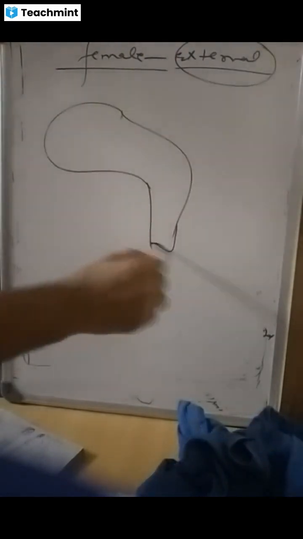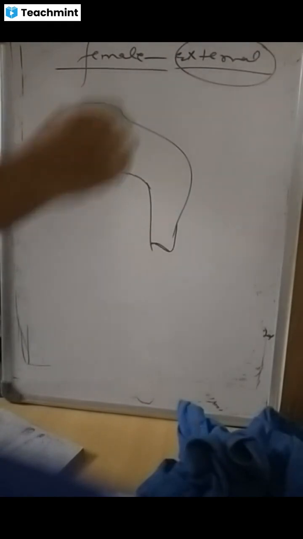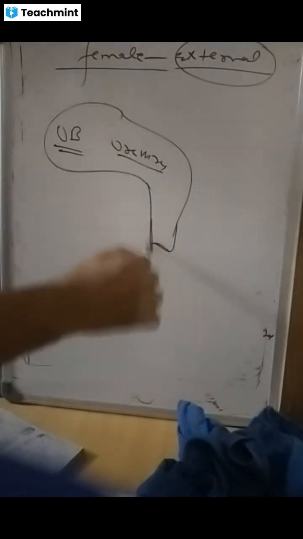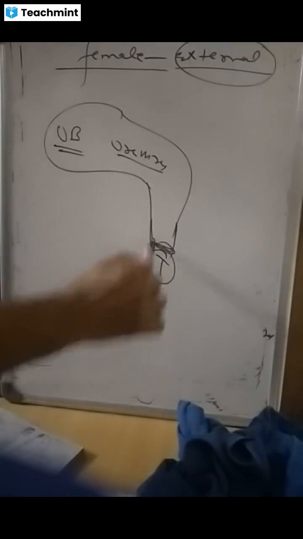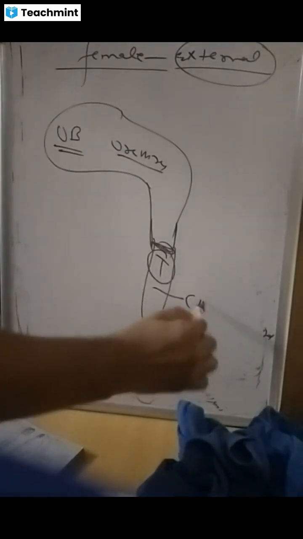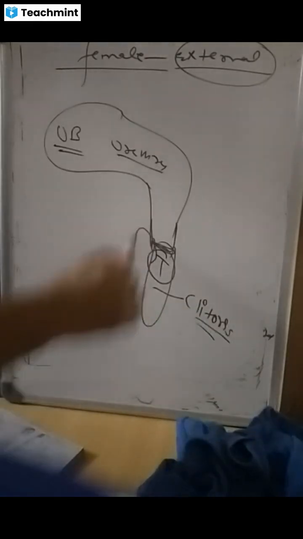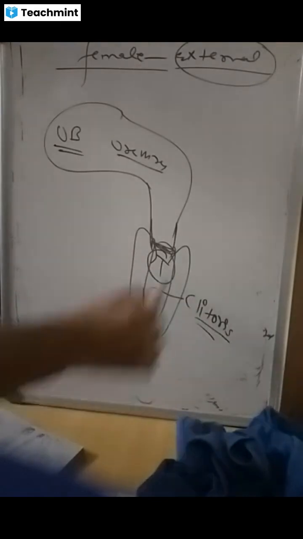Now embryology of the female. First we'll see external genitalia, then internal. If we see, again we have the same structures. Urogenital sinus, the cranial part is the urinary bladder. This part will develop into the urethra. And here T for tubercle, that may lead to the clitoris, and these are the folds.